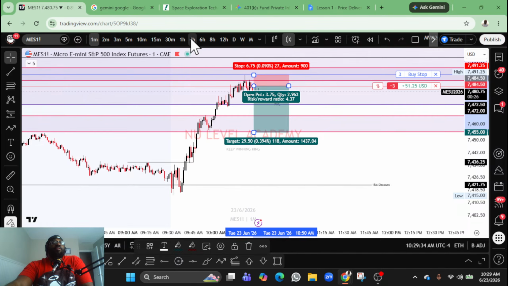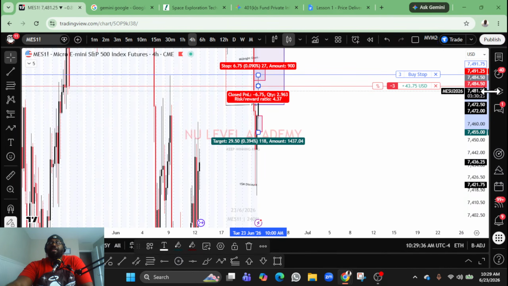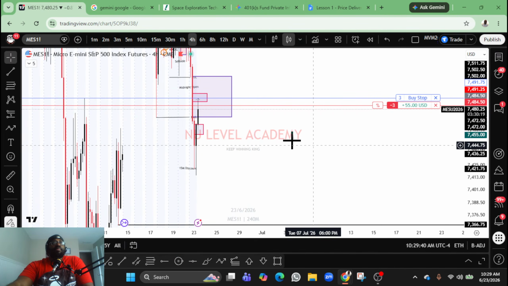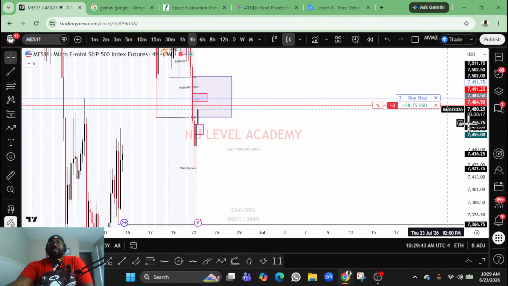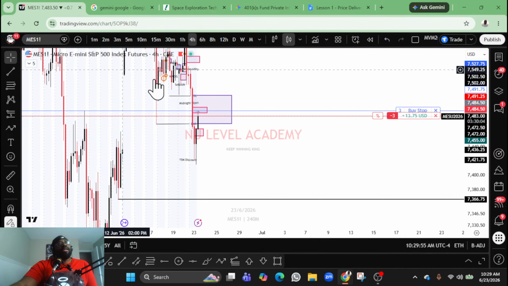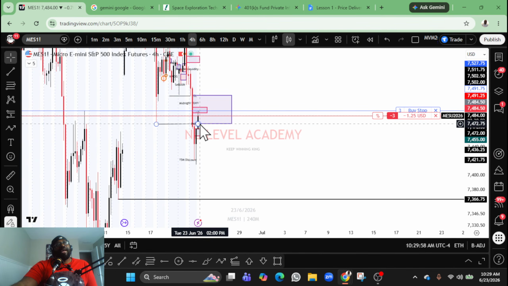Take a look at it on the 4 hour to see how we responded off of that. And you see what I mean when I said we could use that as an entry. Look at the response off of the 4 hour once we entered into 50% consequent encroachment of this fair value gap here. It comes and touches at 50%, right? And you could see the reverse back down.